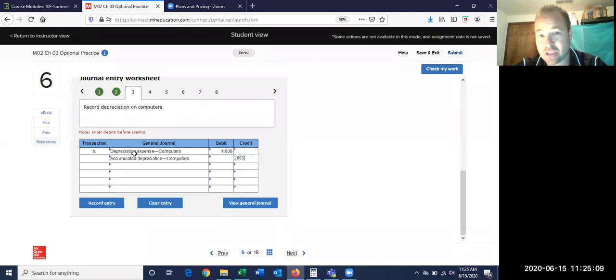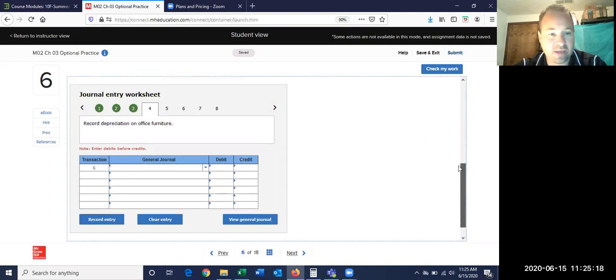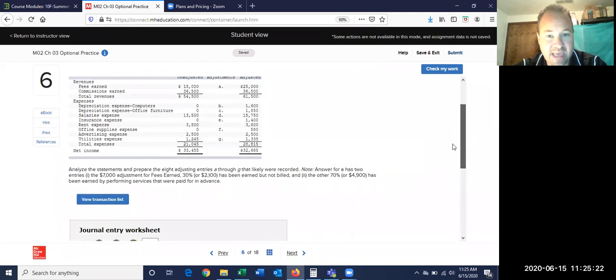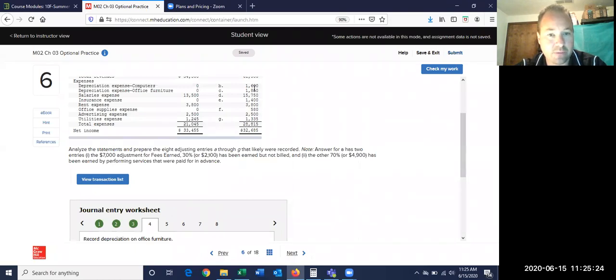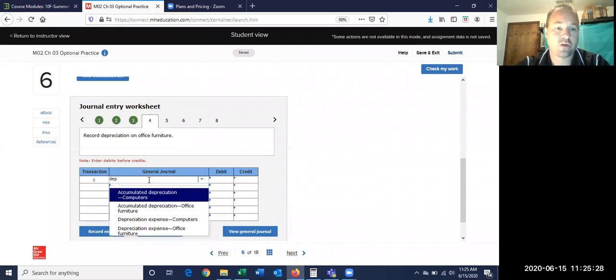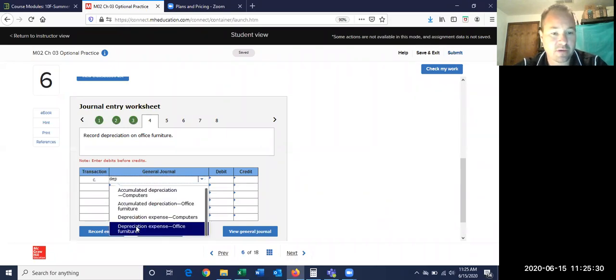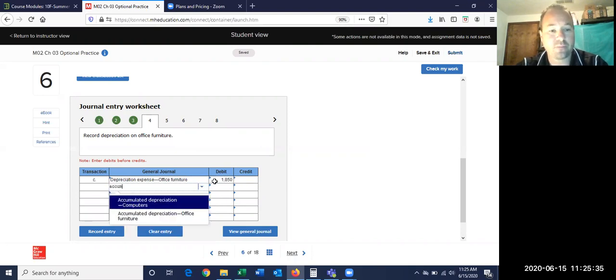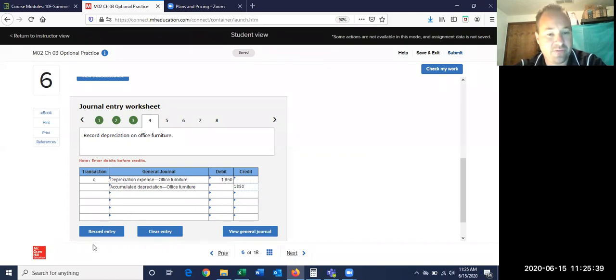It's the depreciation expense, the ones that go away at the end of every year, that we don't need to necessarily separate, but this problem does it. Let's go ahead and get part C done, and then we'll look at the next one. All right, C, 1850. It went from 0 up to 1850 for the office furniture. So we're going to do depreciation expense, office furniture, 50, and then accumulated depreciation for the office furniture, 1850.